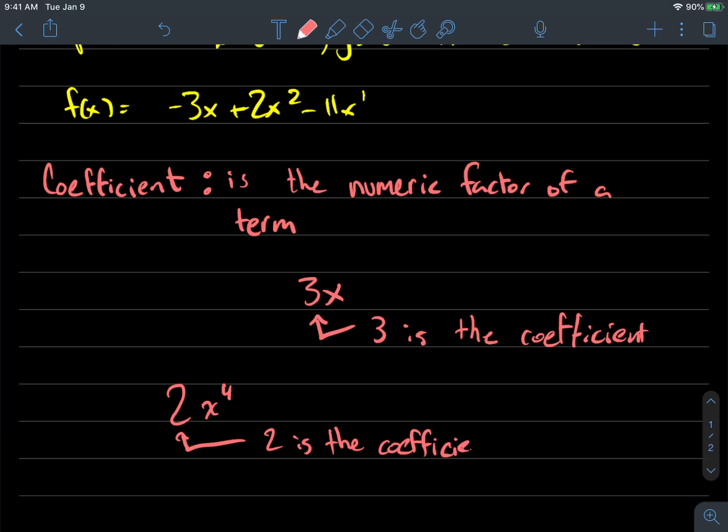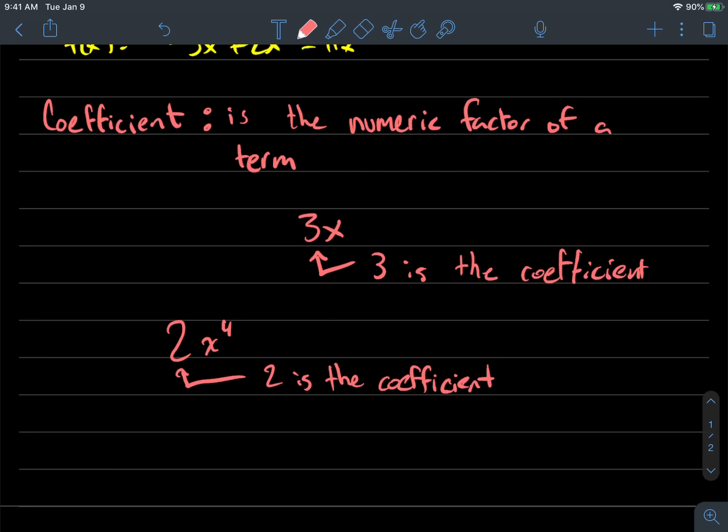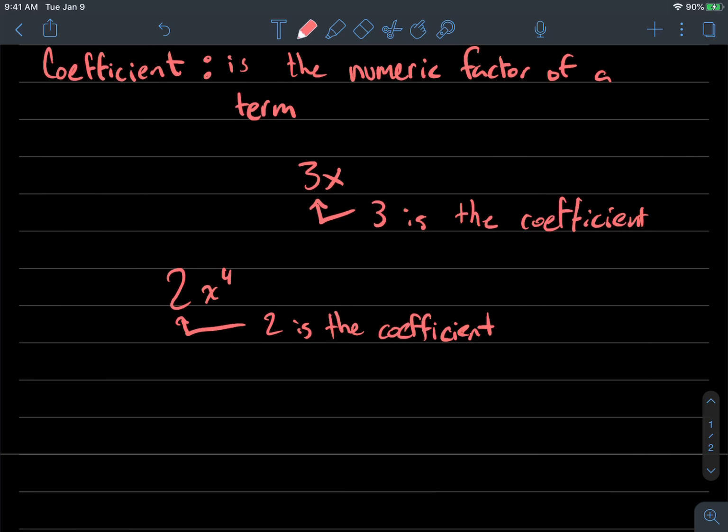So basically, the number in front of any variable. And a term, remember, a term is anything. A term could be 4x. It could be 3. It could be 8x squared. It could be anything that you can write inside of an expression.